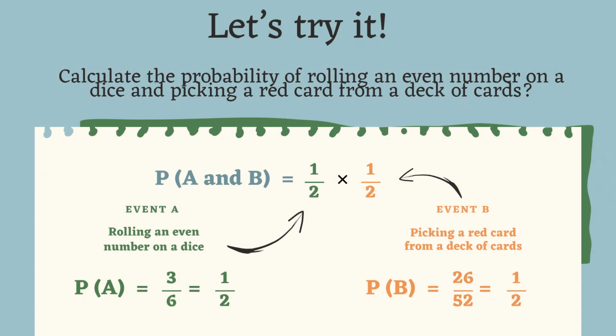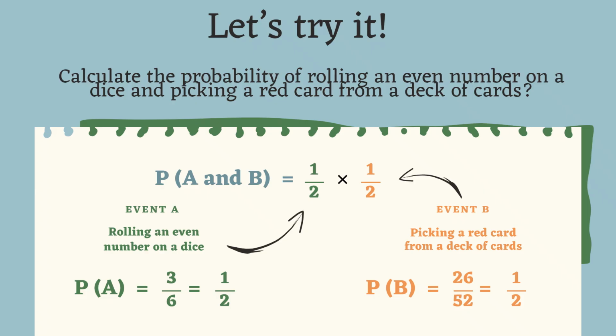Now, let's try. Calculate the probability of rolling an even number on a die and picking a red card from a deck of cards. So here, the probability of A and B. For A, rolling an even number on a die, we have 3 over 6, or equal to 1 half.